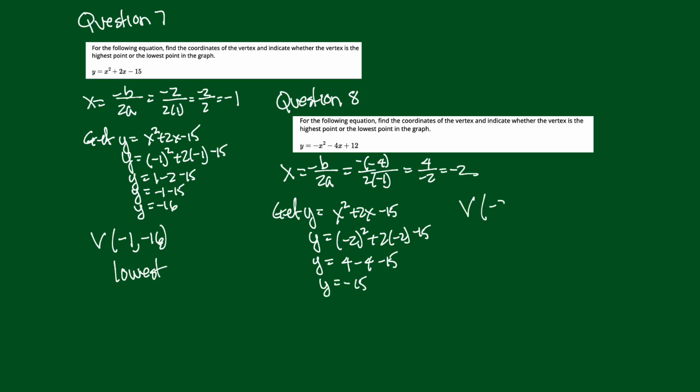The vertex is to the left 2, down 15, and because I know the curve opens downward, wrong one. How about this one? It's negative. So this curve opens downward. So I'm going to say that this is the highest point on the graph.